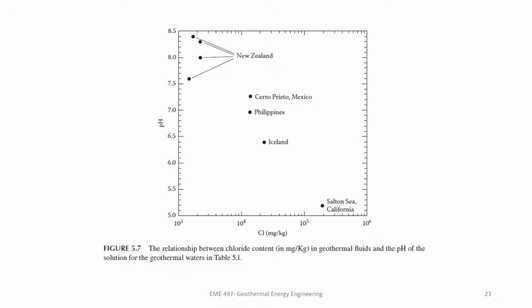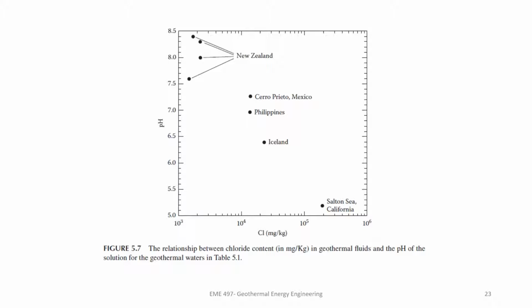We can see from the figure that the geothermal fluids in New Zealand have relatively low chloride concentrations, and they're actually basic rather than acidic.